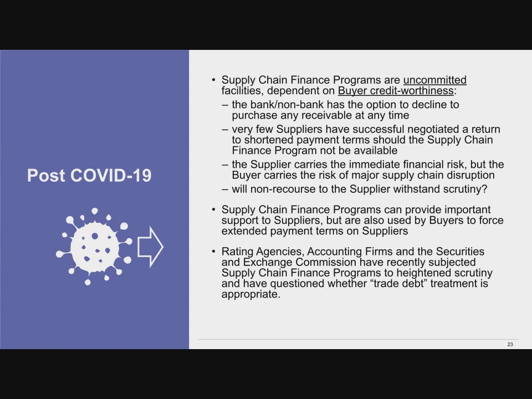The programs themselves, however, have shown to be an important way for buyers to support suppliers, to support their supply chain. If you're a Walmart or another major purchaser of goods, one of the ways that you can use these programs is to help suppliers finance their working capital needs, obviously indirectly through a financial institution, a non-bank, or another program platform provider.